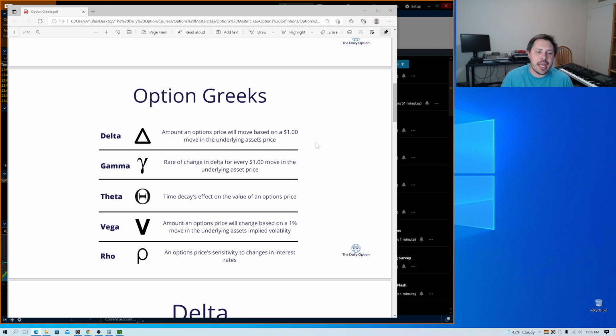Okay, and finally is rho, an option price's sensitivity to changes in interest rates, and we're going to go through these in a little bit of detail here.